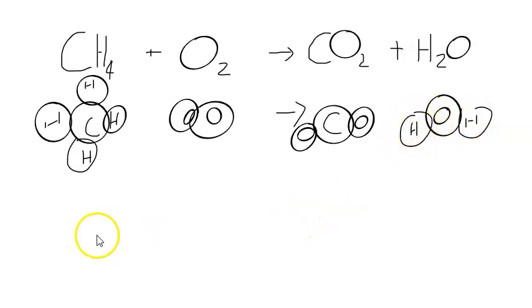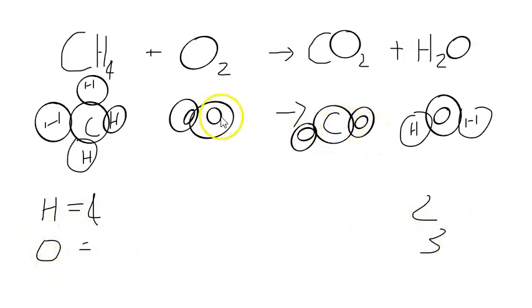So underneath again, I will do the working that I had before. I'll show that with the hydrogens, we've got 1, 2, 3, 4 on this side, but we've only got 2 on that side, so that's a problem. We've got 1, 2, 3 oxygens on this side of the equation over here, but we've only got 2 on this side of the equation over there. Tricky, tricky, tricky.